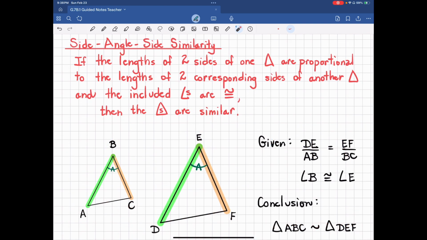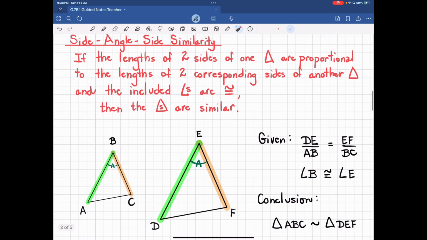Last but not least, we have side-angle-side similarity, or SAS similarity. If two sides of one triangle are proportional to two sides of another triangle, and the included angle is congruent, then the triangles have to be similar.